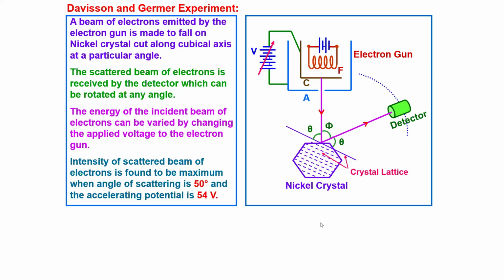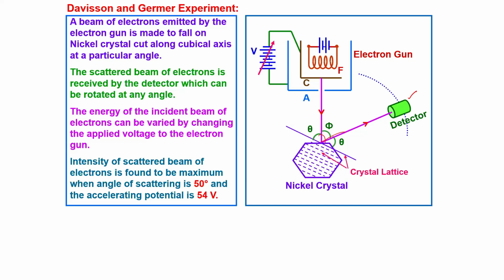The beam of electrons emitted by the electron gun is made to fall on a nickel crystal cut along the cubical axis at a particular angle. The scattered beam of electrons at an angle will be detected using the rotatable detector.